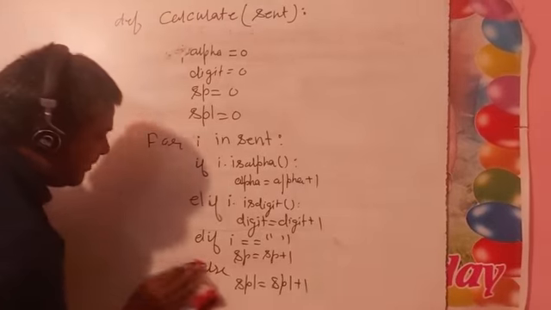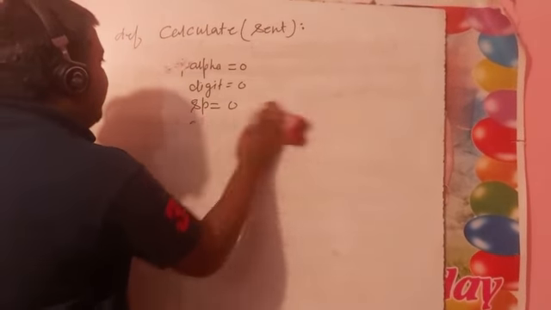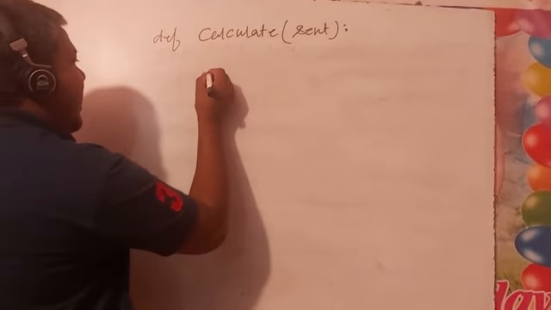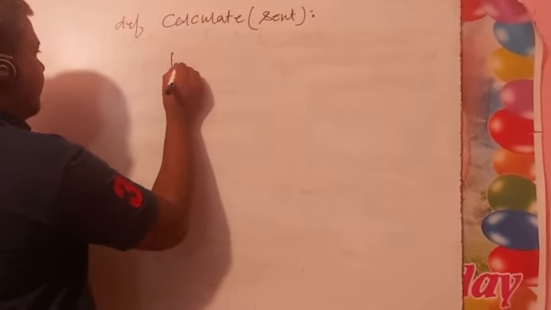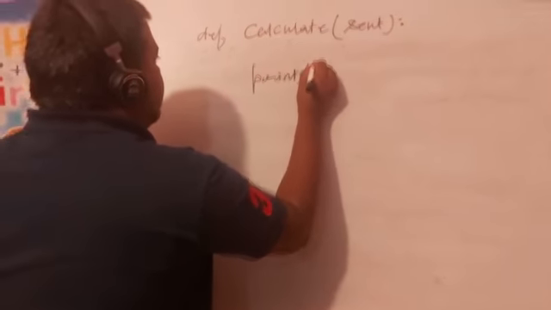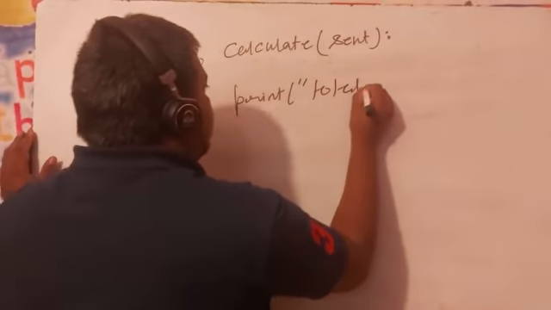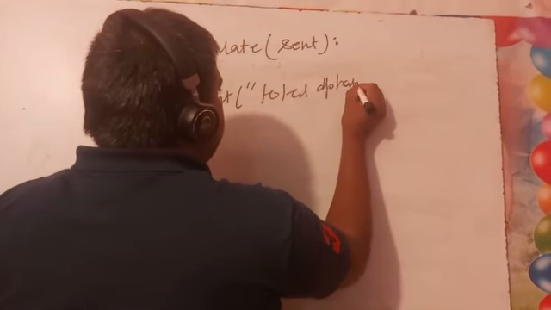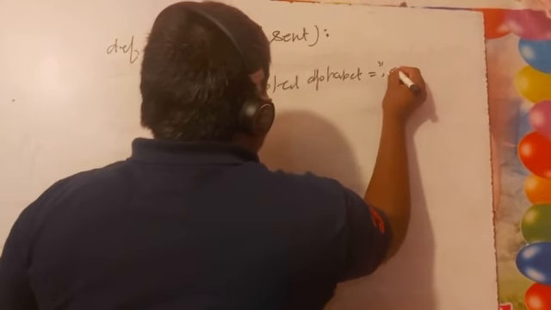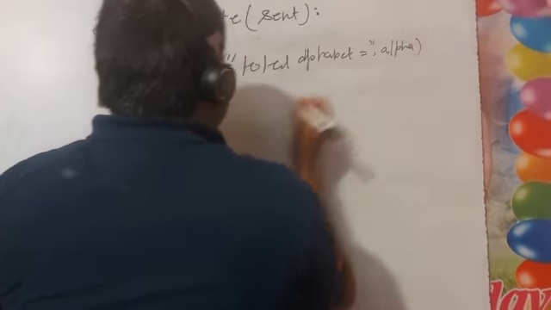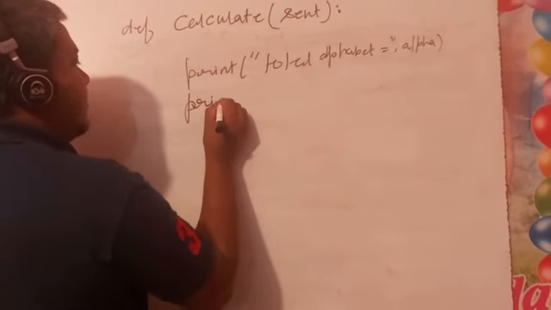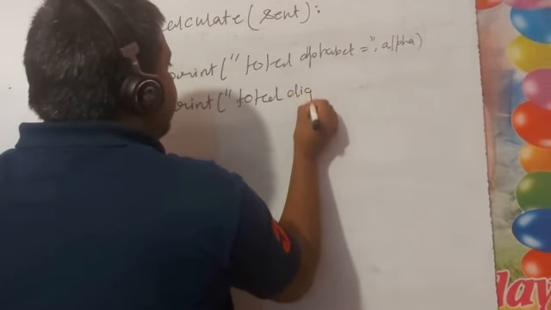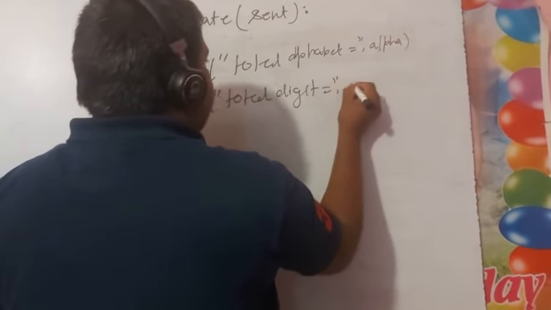So look here, I will write inside the function only. That means after this, I will write print total alphabet is equal to, comma, alpha. Print total digit is equal to, comma, digit.